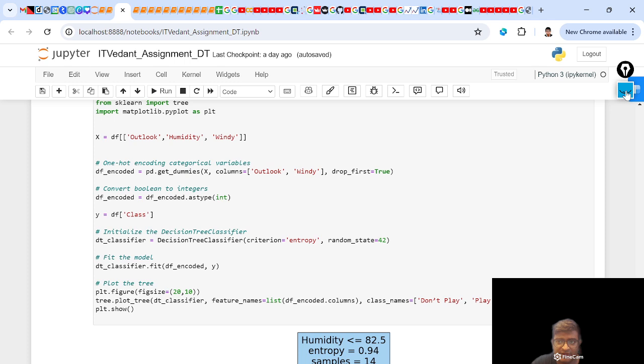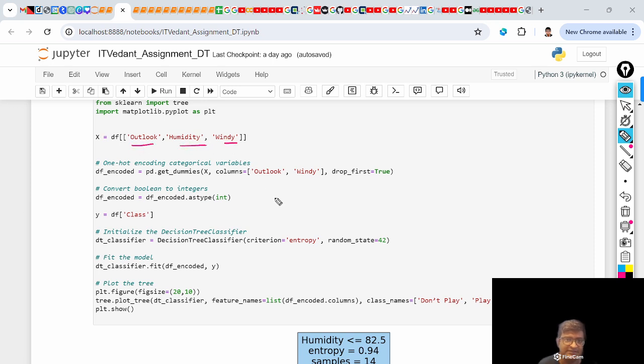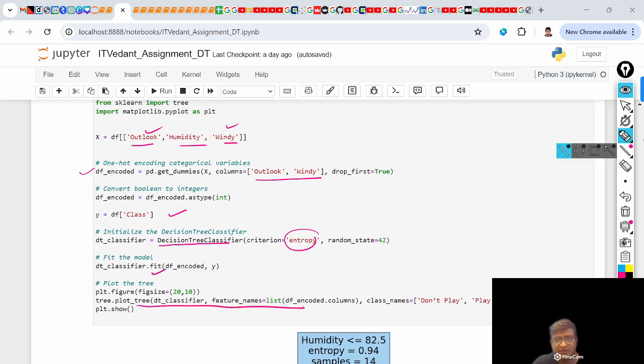In this case, we have taken as independent features outlook, humidity, and windy, and because outlook and windy are categorical features, we are doing a one hot encoding as we have discussed before, and then we are separating the target column as class. We use a decision tree classifier with criterion entropy, fit the model, and then just plot the model.